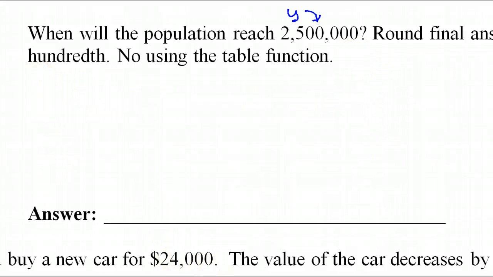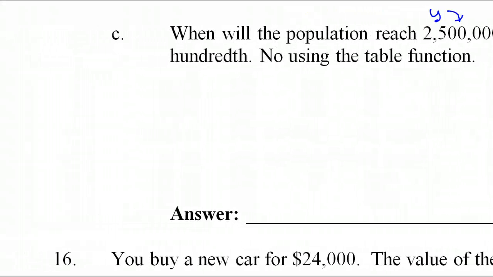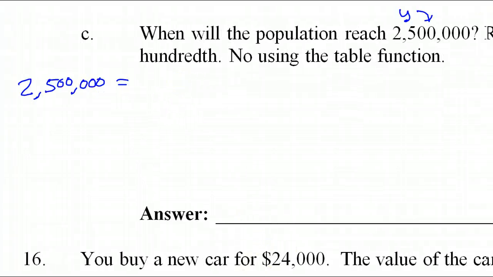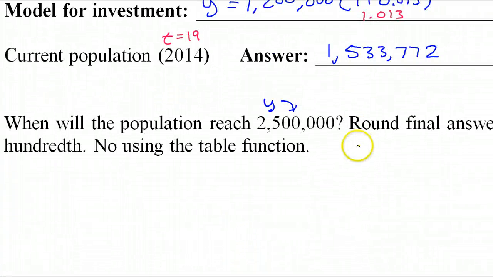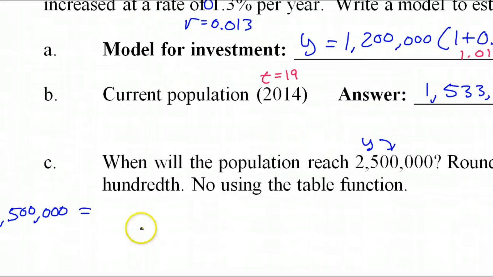We're going to put in the 2,500,000 for the y value. So 2,500,000 equals, and then we're just plugging that into the model. So 1,200,000.